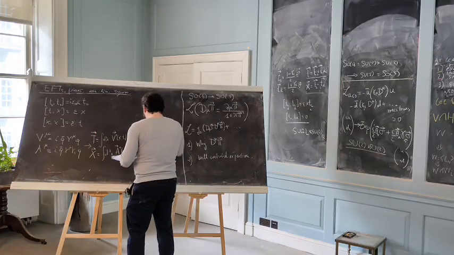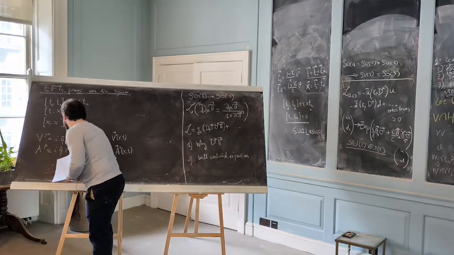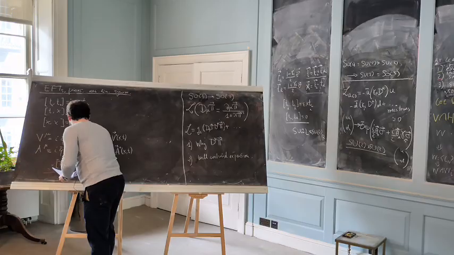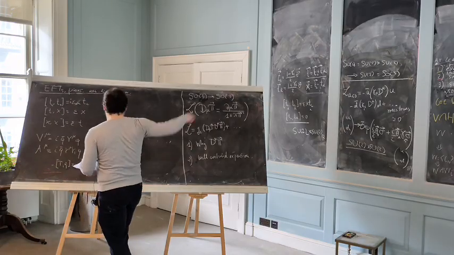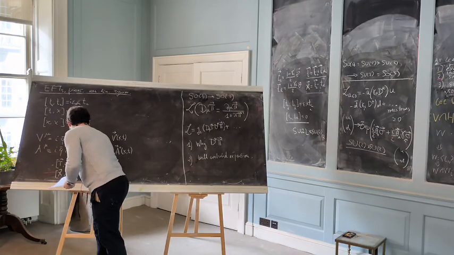Now, of course, these charges will rotate the field. So T acting on Q will give me minus T Q, where those are the Pauli matrices, and X acting on the quark field will give me minus X Q.